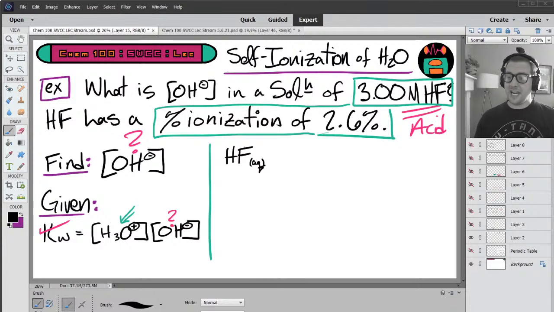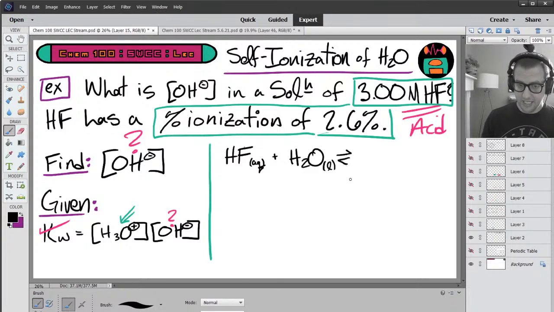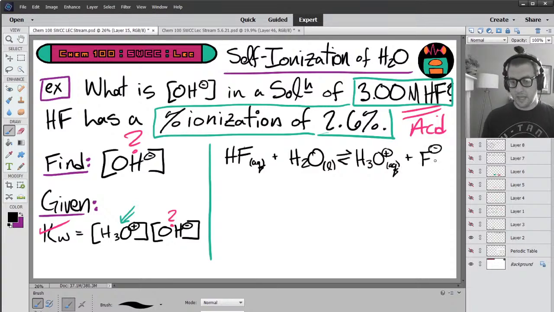So we've talked about how to handle percent ionization. Remember, the acid ionization between HF and H2O. Water's going to react like a base here. It's going to accept a proton, becoming H3O plus, and HF is going to become F minus.